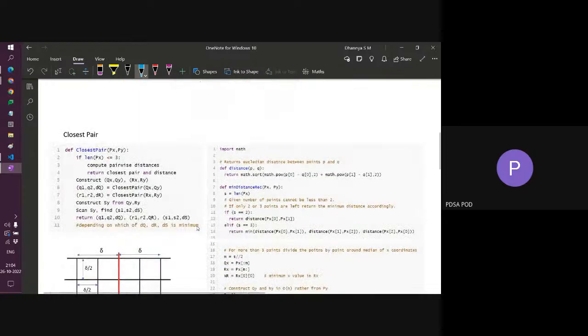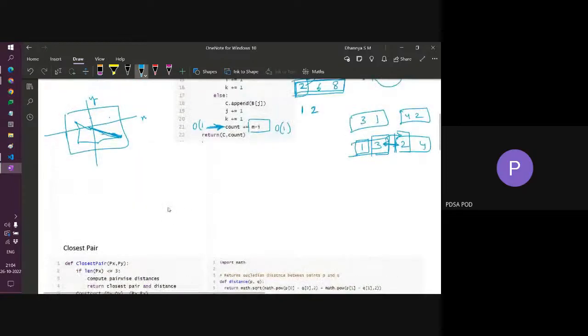So now what are we going to do with the shortest path? You have a set of points scattered on the plane. We are going to divide this into equal parts, where the left half and the right half both have an equal number of points.